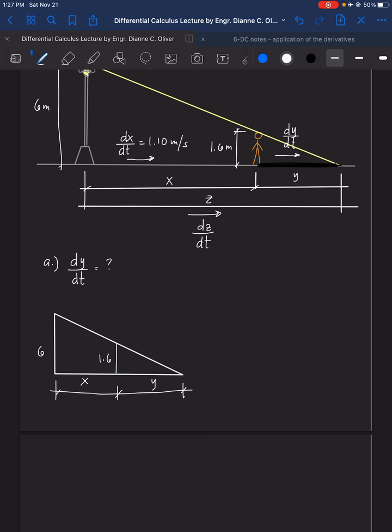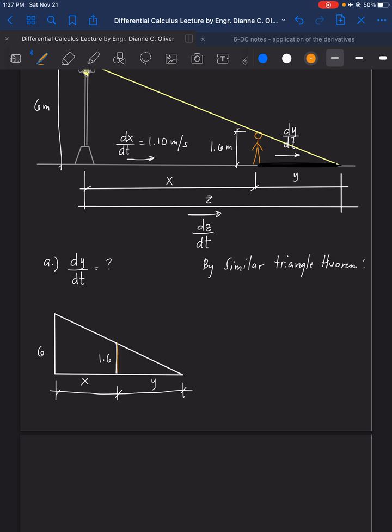There. Now, using the property of, or by similar triangle theorem, we can observe two triangles here that we can use. The first one is this portion. Let's change the color.